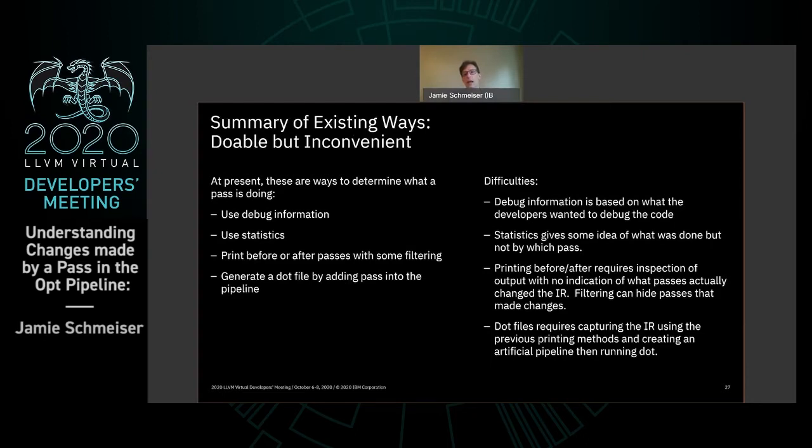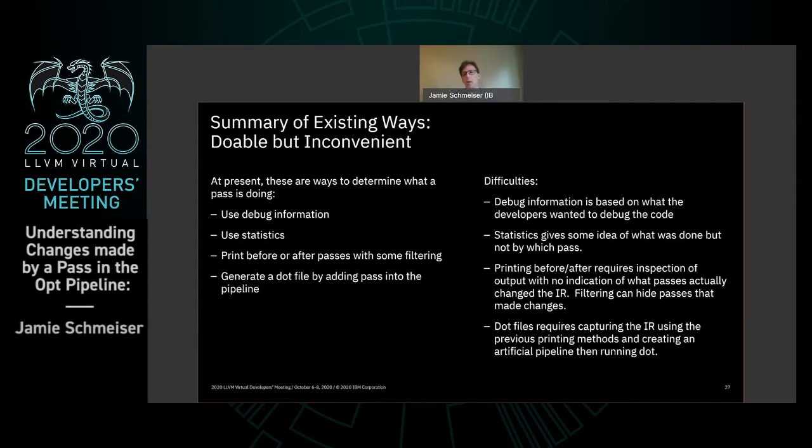Statistics may indicate how many times a particular optimization was performed, and the associated ID may hint at the pass, but it does not indicate the IR that was being acted upon. While complete raw data is produced by print before all and print after all, the interesting parts are difficult to find in the large amounts of output.